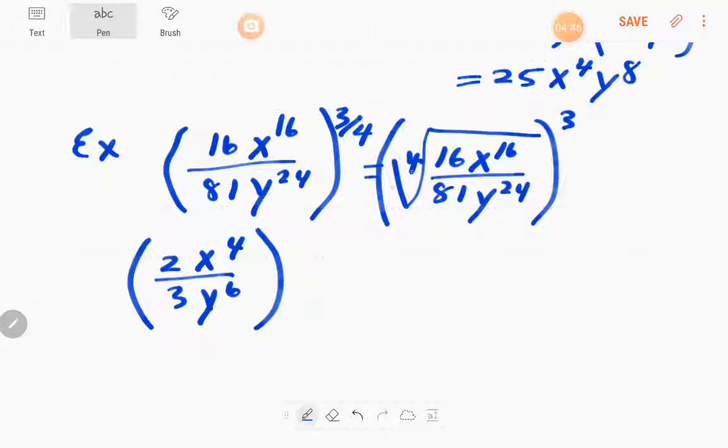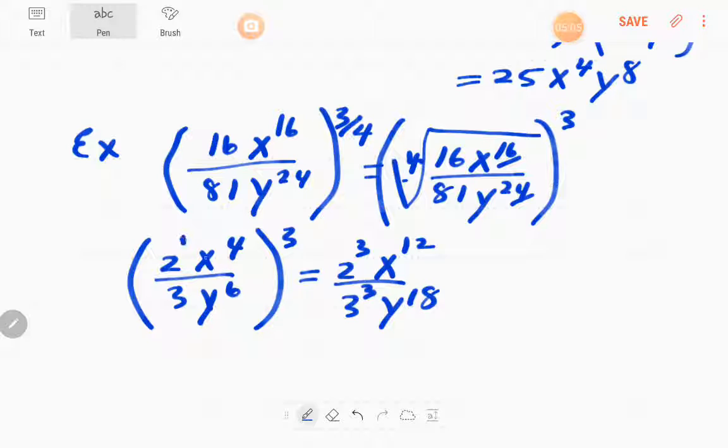So I took this root and divided it into the powers here. Now I'm going to raise this to the 3rd power, so this is 2 to the 3rd power, x to the 12, 3 to the third, and y to the 18.